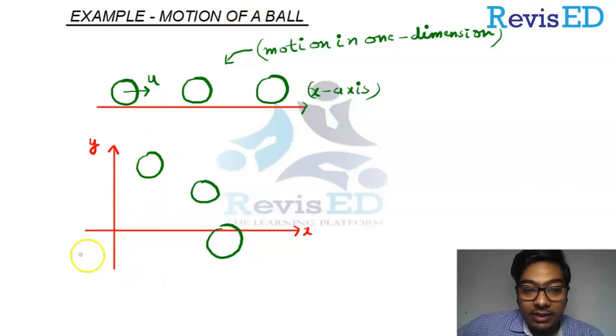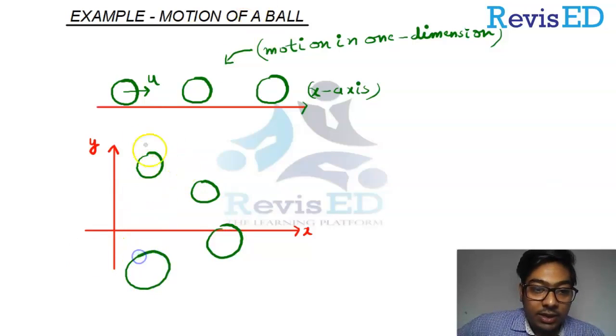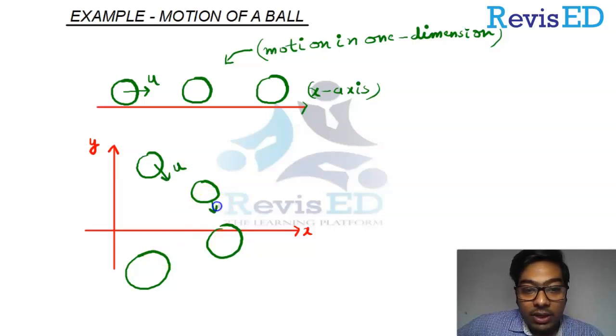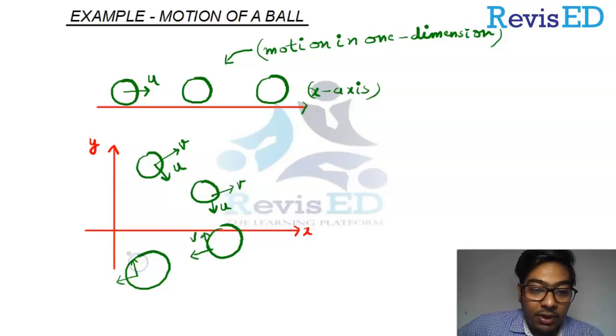Let me draw more clearly. If the velocity of the ball is u, then throughout the motion the velocity is u as well. Of course there will be another component of velocity for each position of the ball, let us name it v.